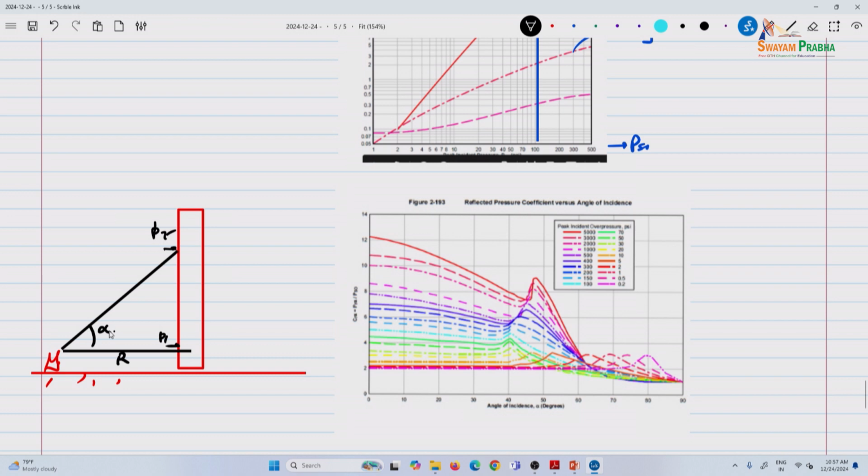So, you see all the different curves, it is not only dependent. So, this is CR, which is PR alpha divided by PSO. This is in terms of PSO. PSO is right here. So, it not only depends on the angle of incidence going down, but it also depends on the peak incident overpressure value.